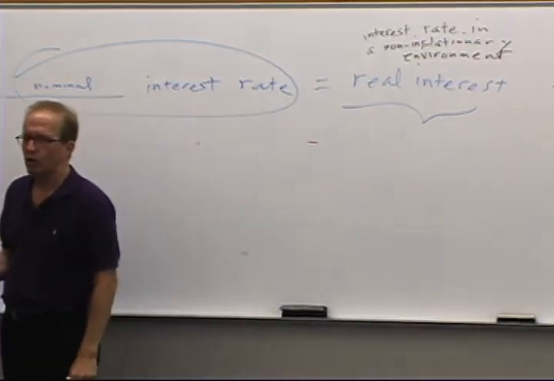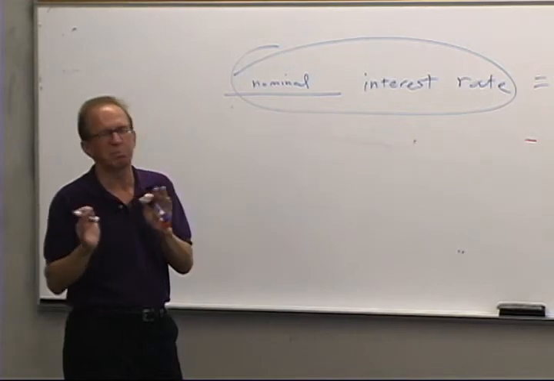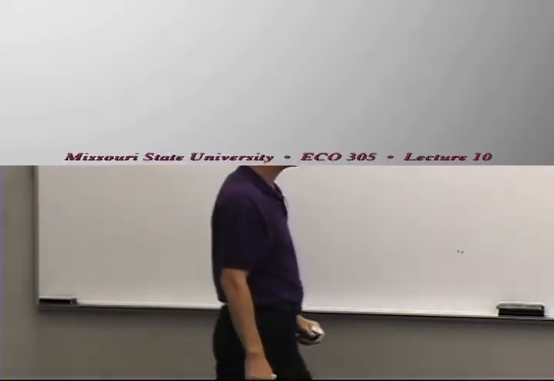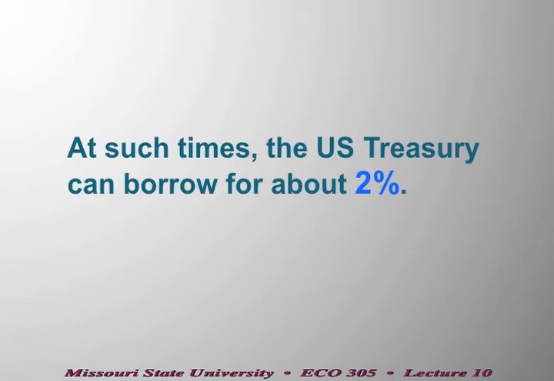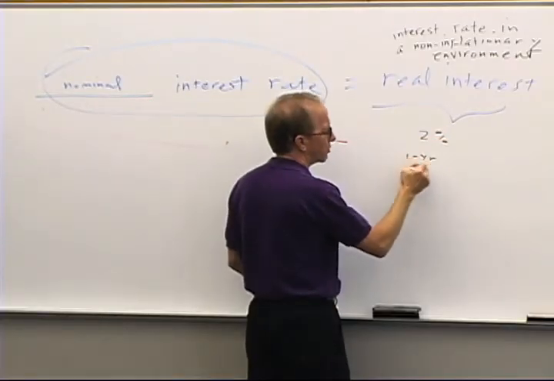If we look over long stretches of time and find those periods where there's not inflation, people not talking about it, it's not on the horizon and so forth, what we see is that the Treasury can go out there and borrow money at about 2 to 3%. It depends on the term to maturity. But if we were just talking about a one-year Treasury bill, then around 2%. One-year Treasury bill.